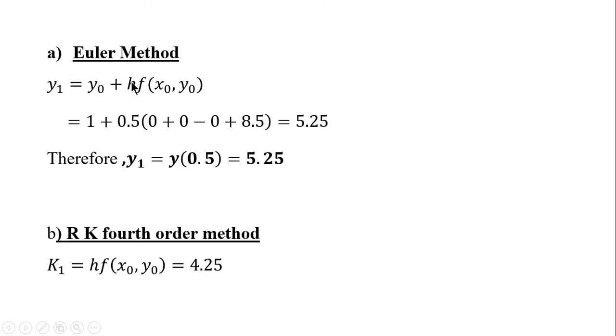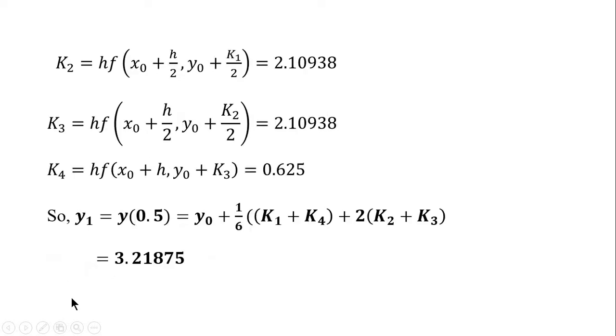Using Euler method, the formula is y1 is y naught plus h into f of x naught, y naught. I have computed y1, and using Runge-Kutta method of fourth order I have to find out k1, k2, k3, k4. After finding all the values, substituting in y1, we get the value of y1.